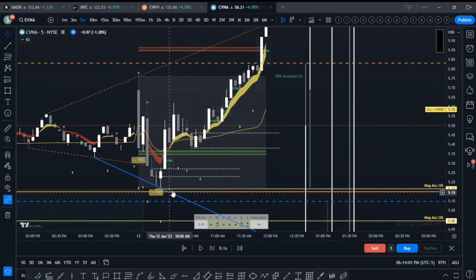So if it was to break ORB and also stay below this 50% level, that would be two tricks. If it could break and stay below the low of the previous week, which is represented by this blue dotted line, that'll be another trick. And it would also be holding below this broadening formation support, which would be another trick.